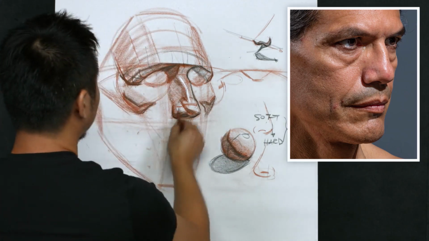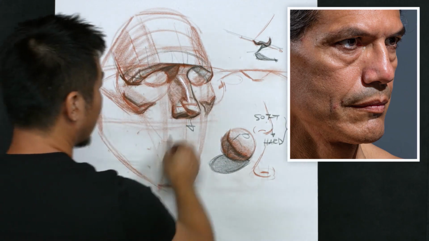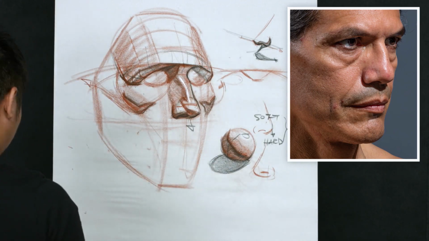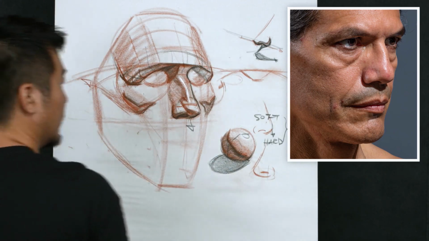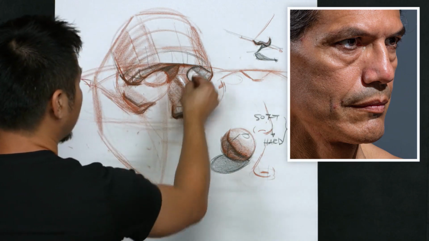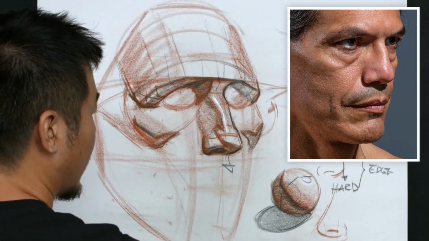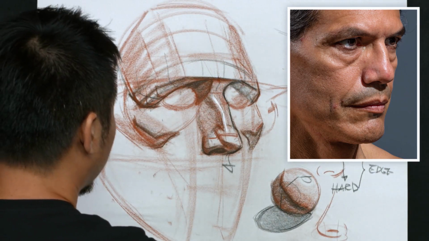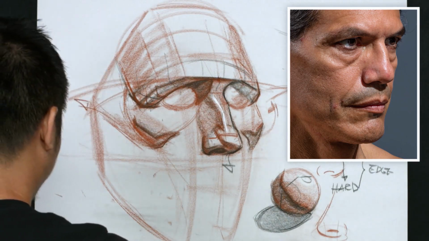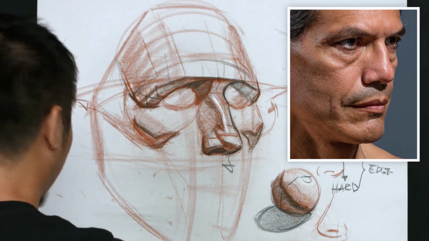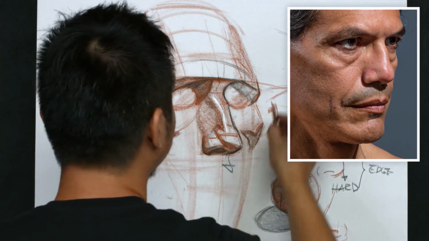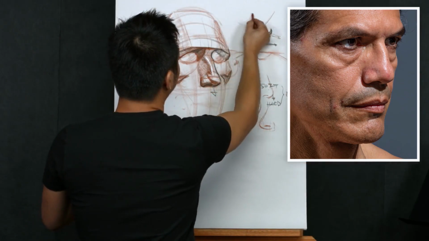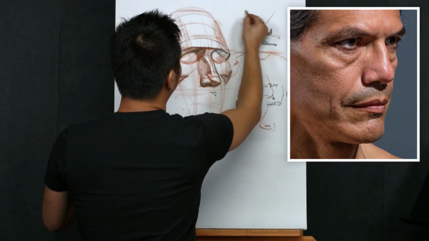Okay, so let's look at the eyes. I guess you guys would like to know how to draw the eyes correctly. Well, first of all, if we look at the front view of the eyes, we've got the eyeball.